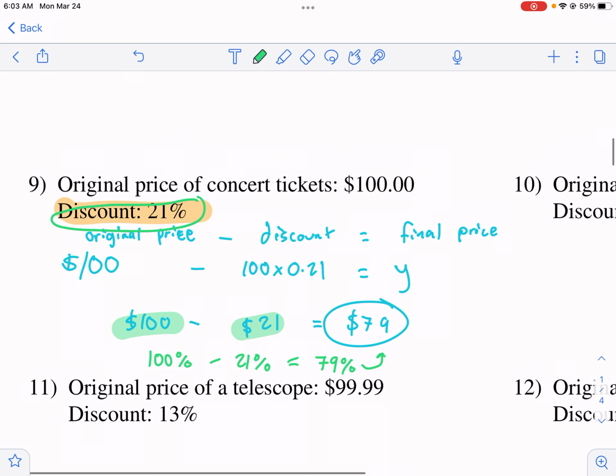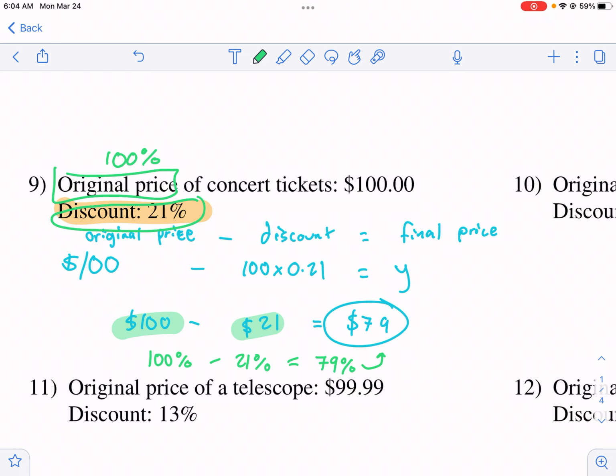And the end percentage is just going to be whatever your discount or markup is, and you're either going to add that or subtract that percentage to the original price. The original percent is always going to be 100% of the original item, right? If you have your original cost, it's 100% of the cost. If you were to just pay $100, well, you just paid 100% of the price.